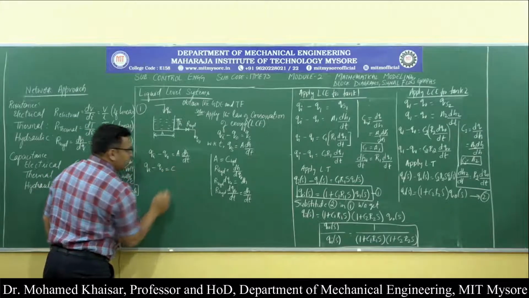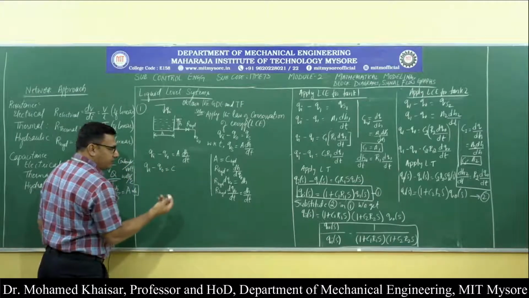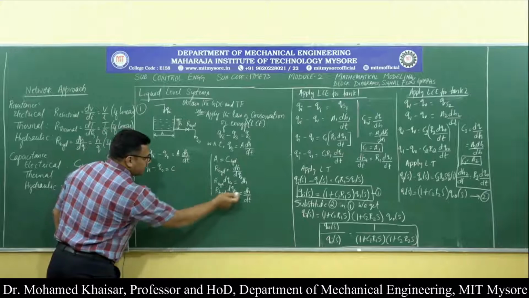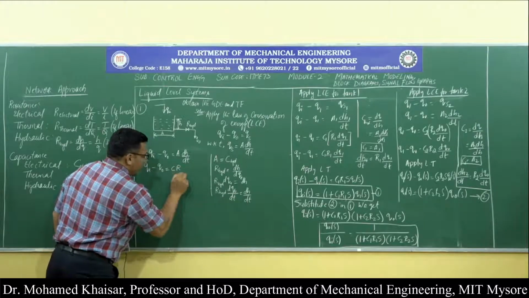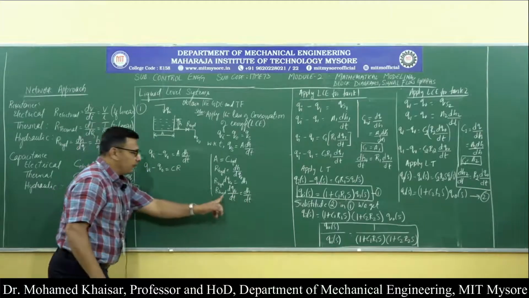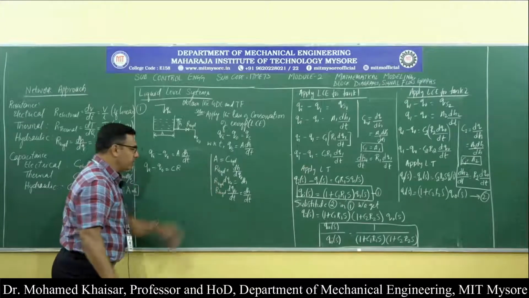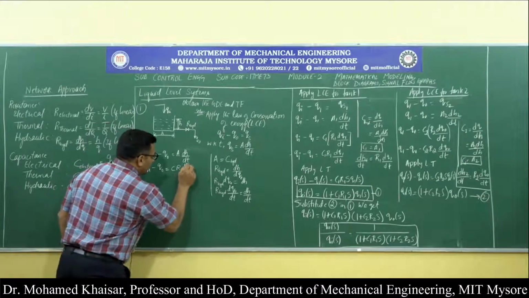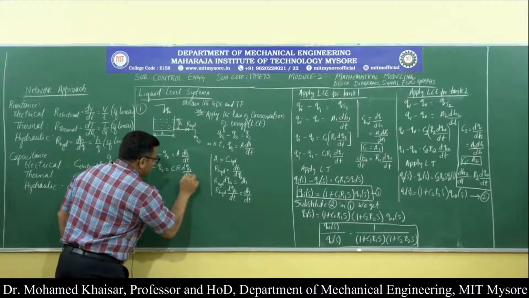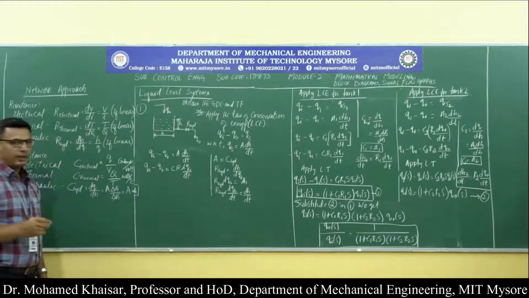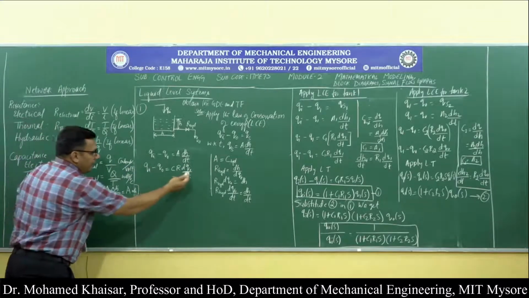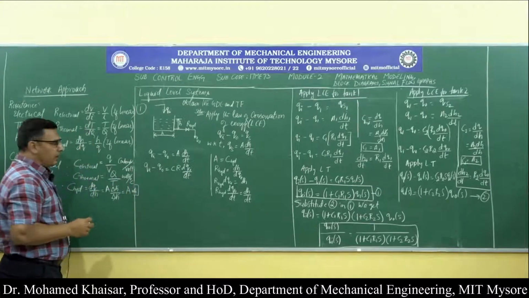If we write it here, A is nothing but C, and dH by dt is nothing but R into dQ naught by dt. I am not writing hydraulic over here because that was for understanding. Now all the terms are in either Qi or Q naught.